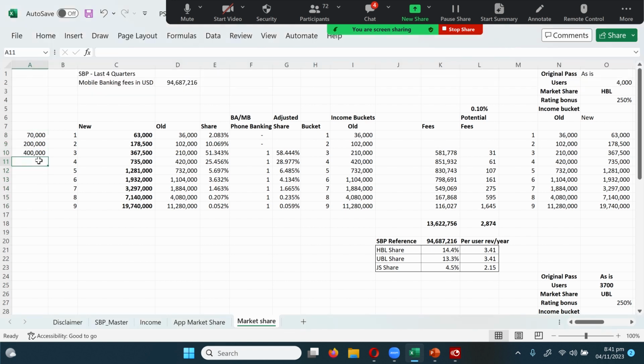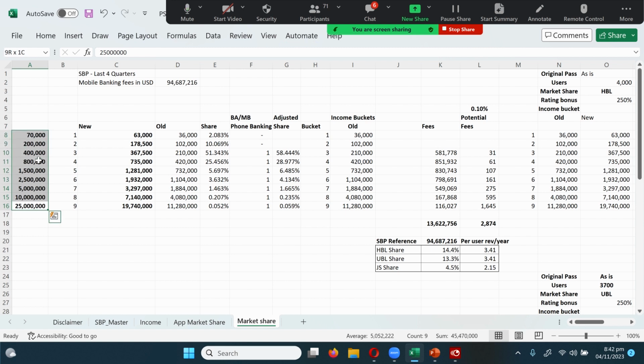And then this would be, let's say 800,000, so 1.5 million. And then this would be 2.5 million, 5 million, this would be 10 million, this would be, let's say 25. So I can just give you this as a new income bucket.